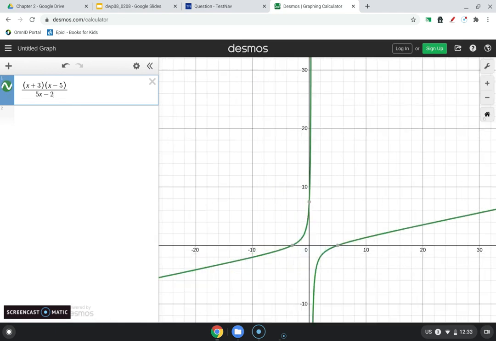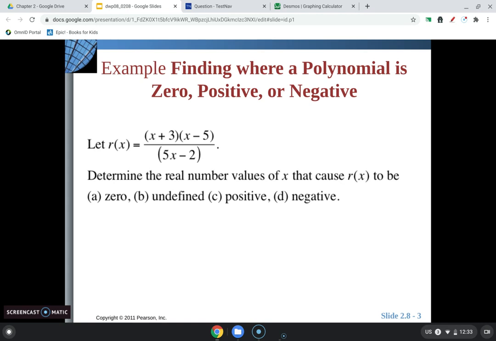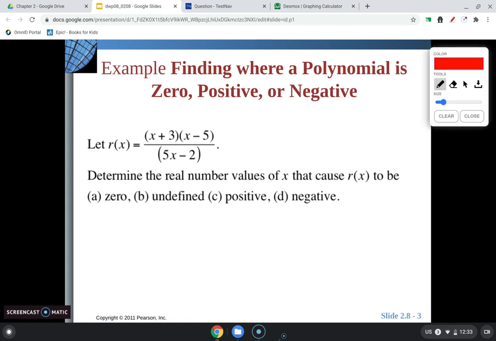All right, hit the home screen here. Boom, there we go. So here's the zeros, -3 and 5. And we know where it's undefined because that's where our vertical asymptotes are. So zeros were -3 and 5.